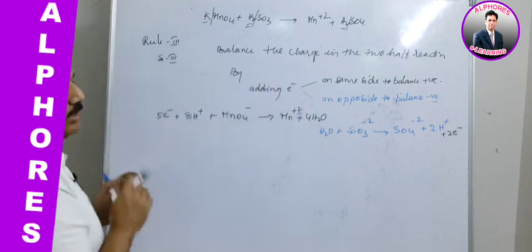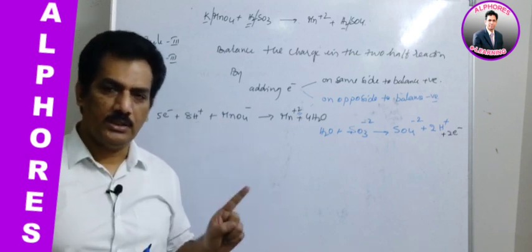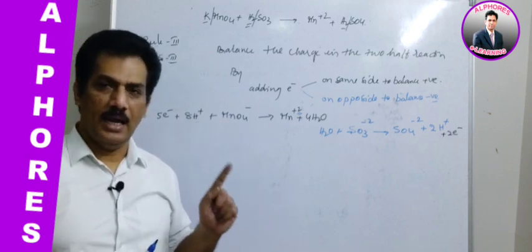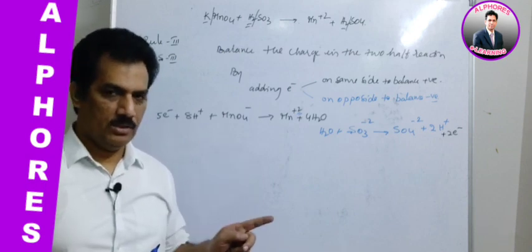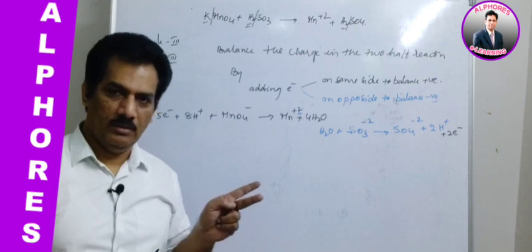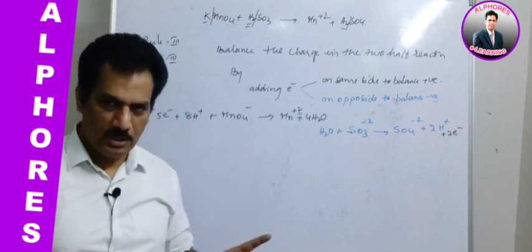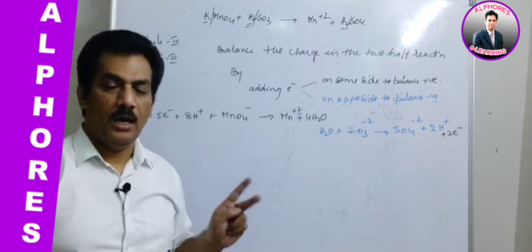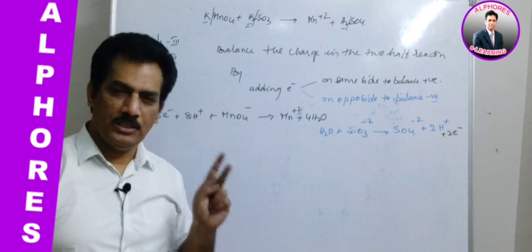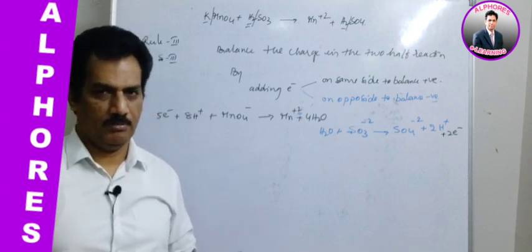That is about rule number 3. As per rule number 3, we have to follow 3 steps. Step 1 is to balance the atoms other than oxygen and hydrogen. Step 2, balance oxygen by adding water in acid medium, by adding OH minus in basic medium, and hydrogen by adding H plus in acid medium and by adding H2O in basic medium.